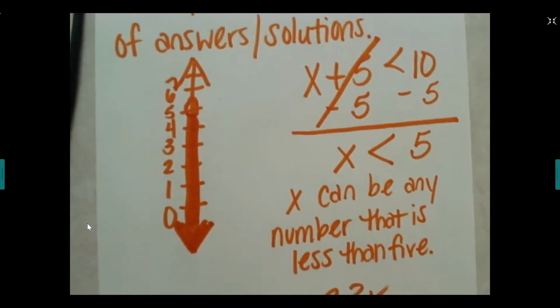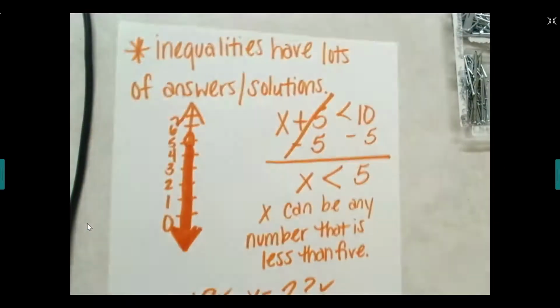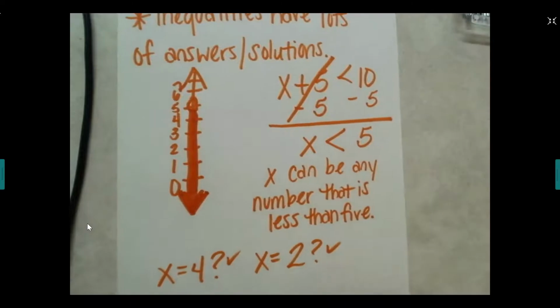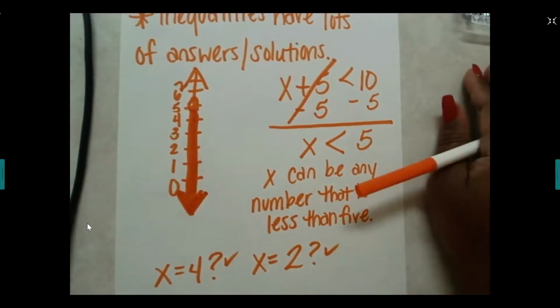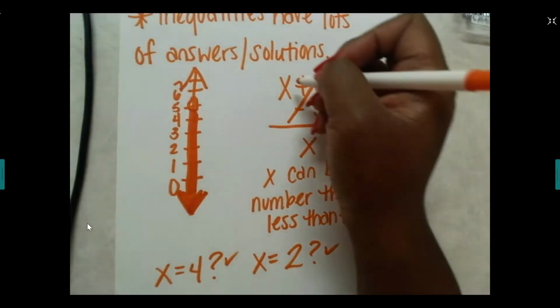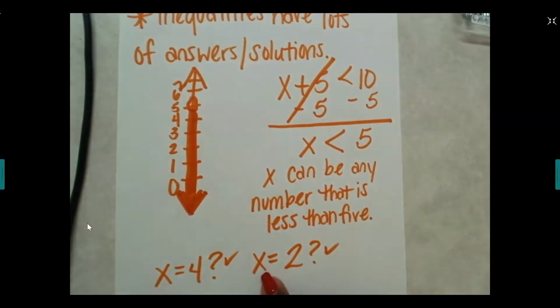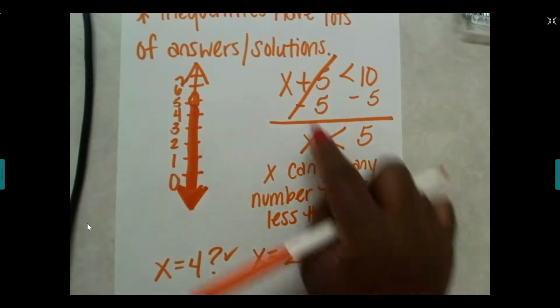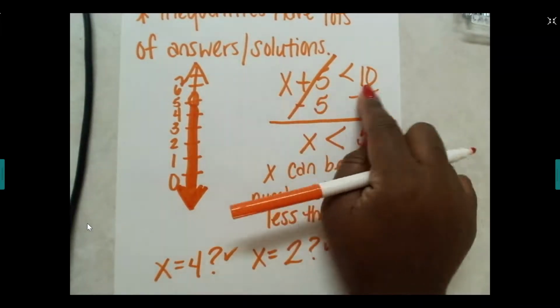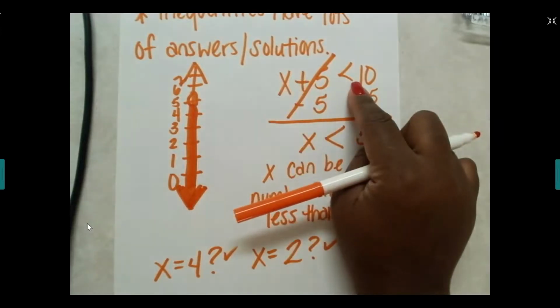Now, let's make sure we're understanding what we've actually done here, okay? When we see this, I can substitute any of these numbers for the x here, and I'll make my number sentence true.